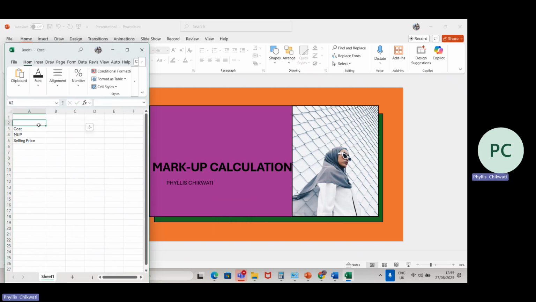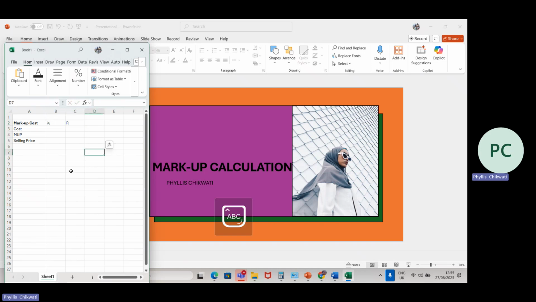If our markup is on cost, let me write this part as markup on cost. Our markup is our profit, so you need to understand that. These are some of the basics that you need to take home. I'm going to say this is my percentage formula, and this is going to be my rand value.